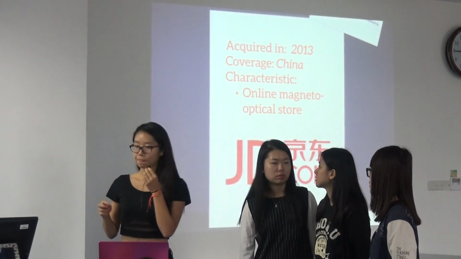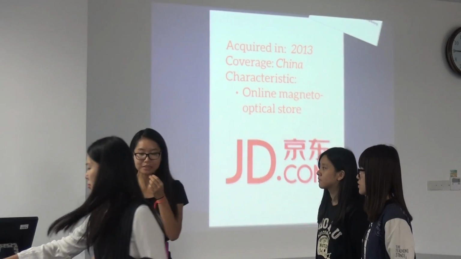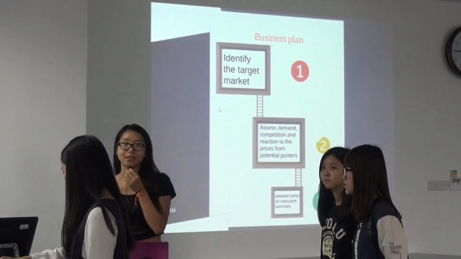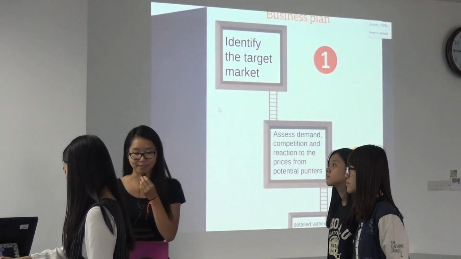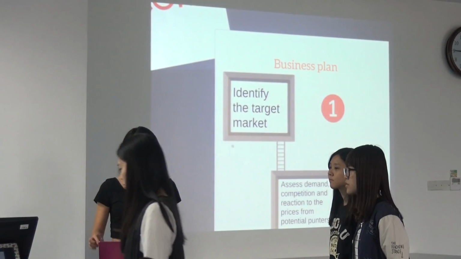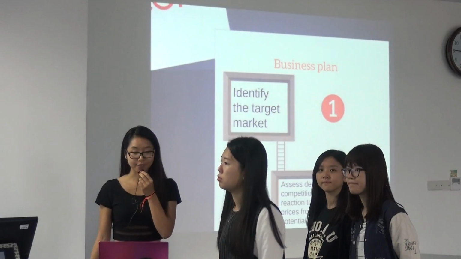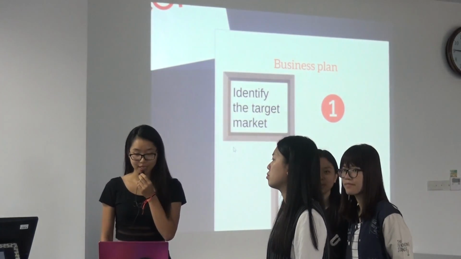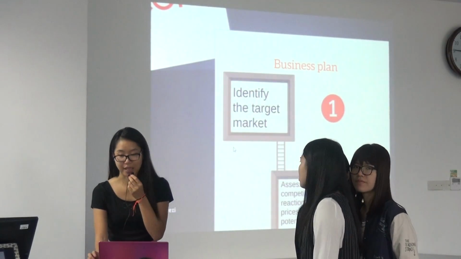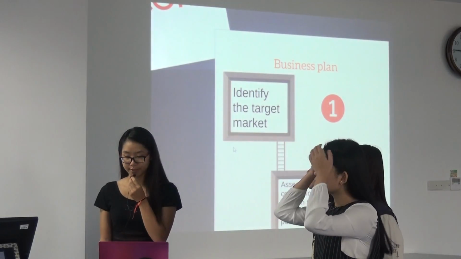And the next part is to write a business plan before starting an e-business. The first step is to conduct market research to identify the target market, assess demand, competition, and reaction to the prices from potential buyers.